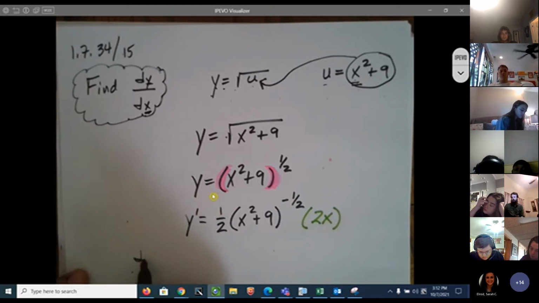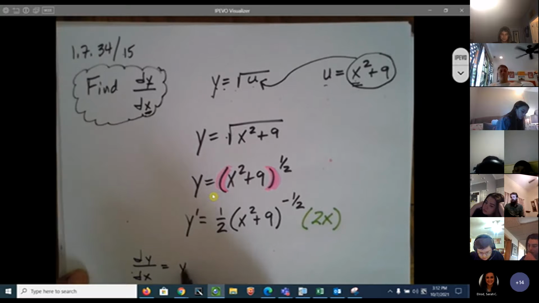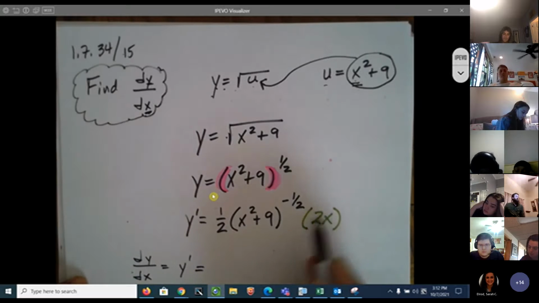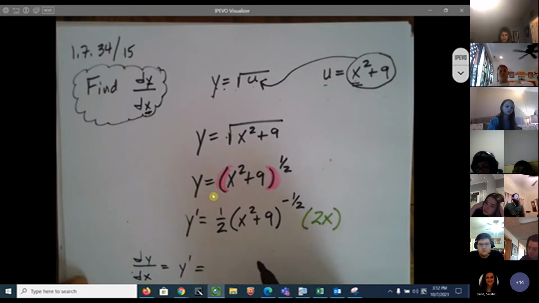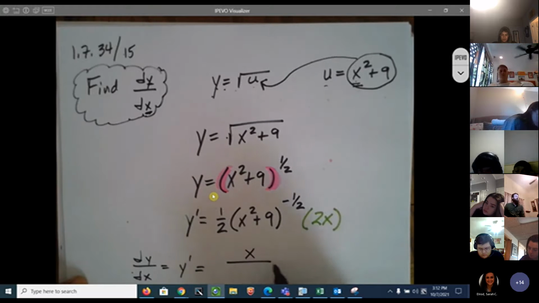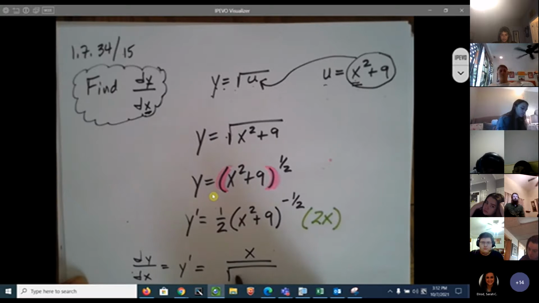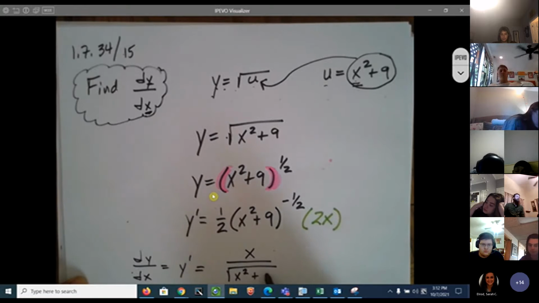So dy dx, which is equal to y prime, is, well, that's going to cancel with that. So it's going to leave an x out front. X over the square root of x squared plus 9.